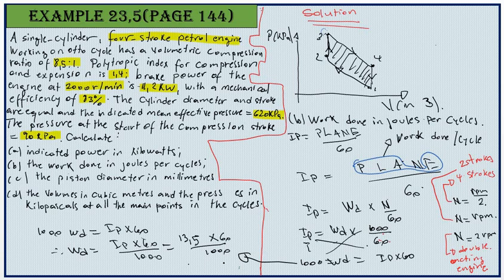So I get, so the work done is 0.81 kilojoule per cycle, but they want me to express that in joule, so I need to multiply the value by 1000. So I get 810 joule per cycle.